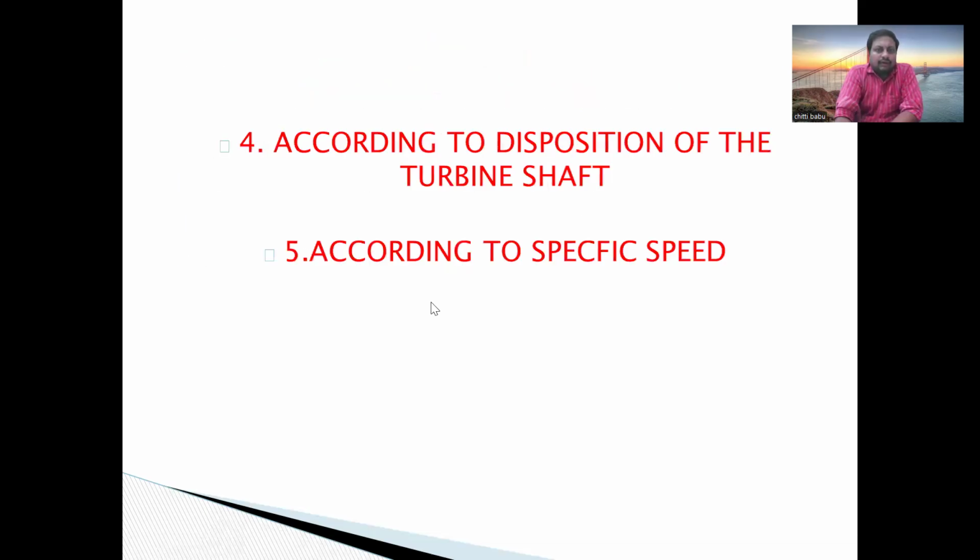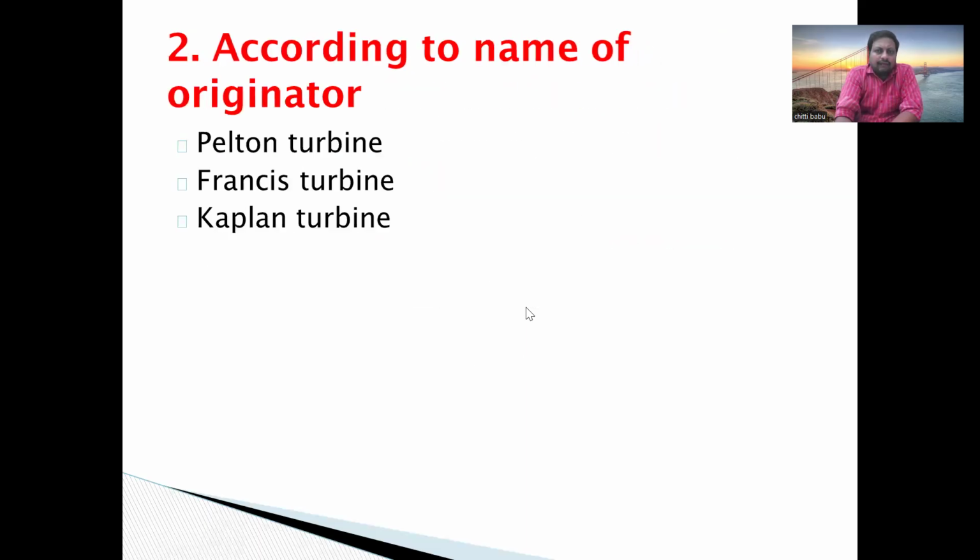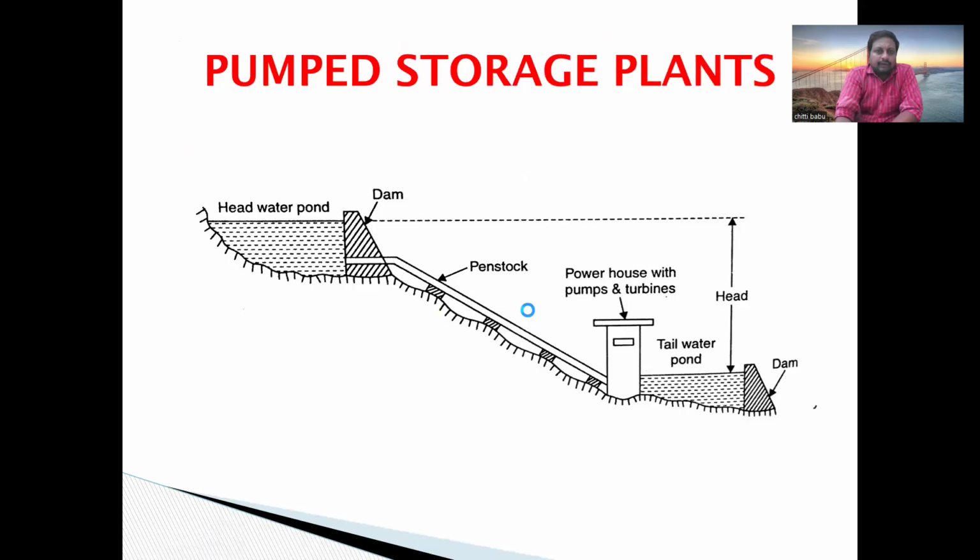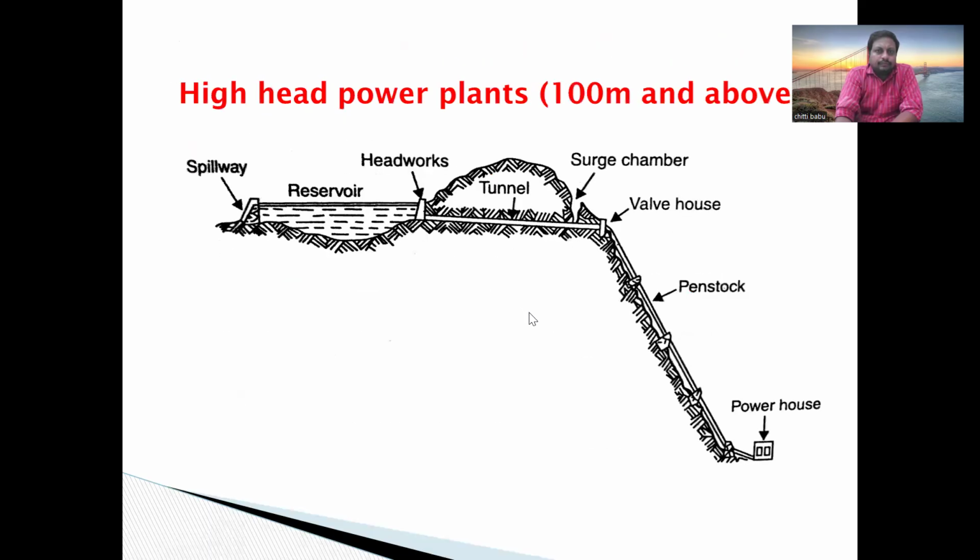Then we have classification according to the specific speed, and according to the head available at the turbine. High head power plants are 100 meters and above. This is about the available energy, the head available at the power plant.